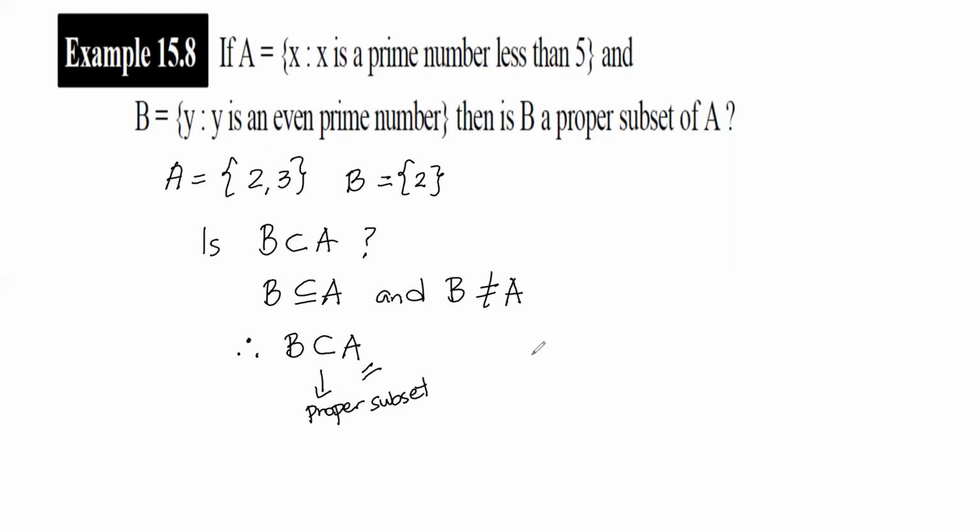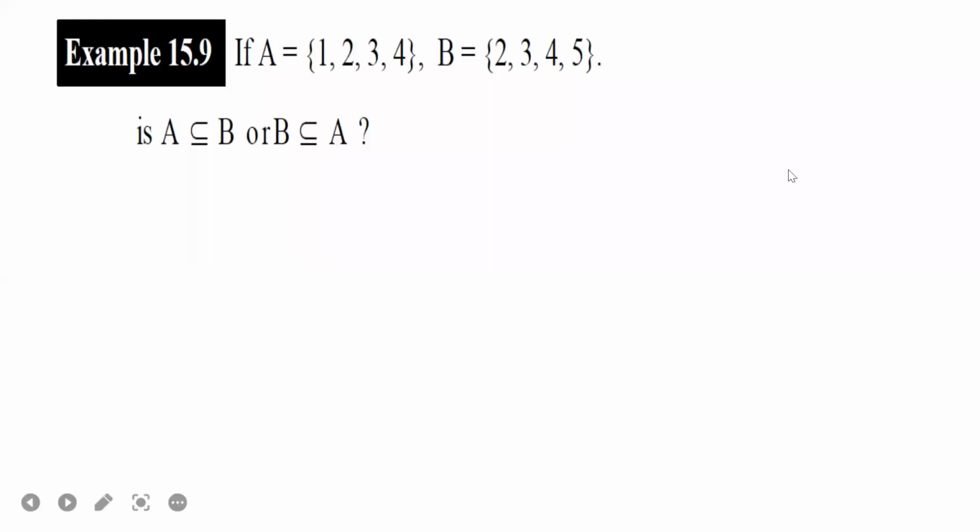Okay, so that's it. Another example. If A is 1, 2, 3, 4, and set B is 1, 2, 3, 4, and 5, is A a subset of B, or is B a subset of A? Is A a subset of B?